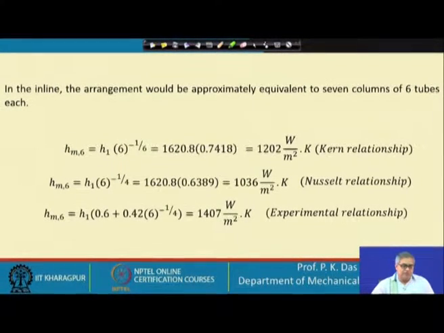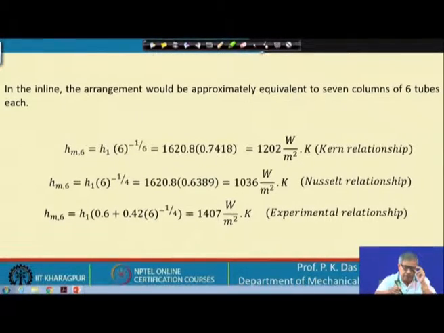Initially we have determined the heat transfer coefficient of a single tube, and let us say we have got the tube heat transfer coefficient, which is this one. This we have already calculated. Now, suppose there is a column of tubes.